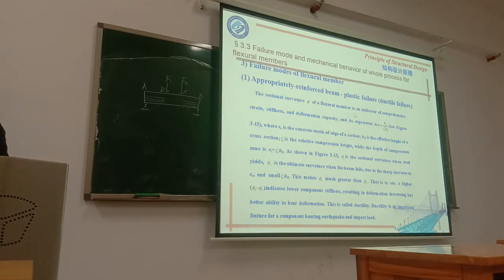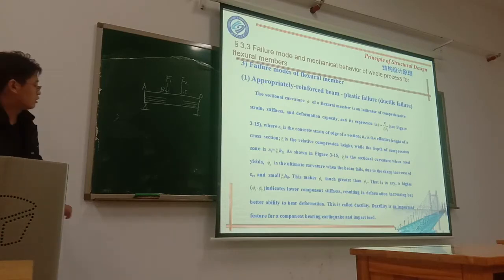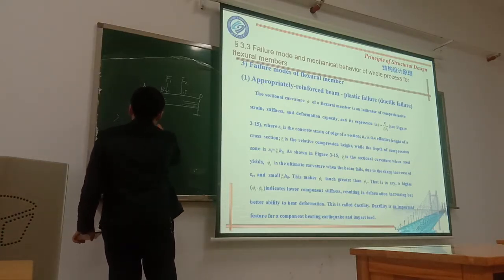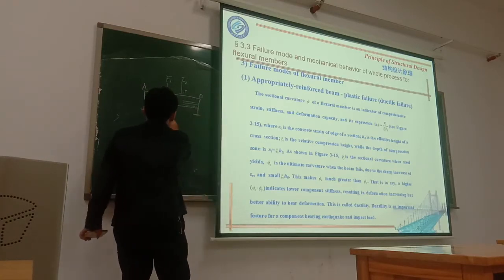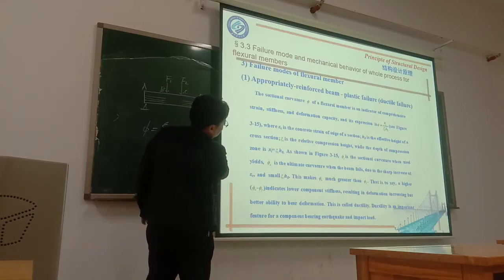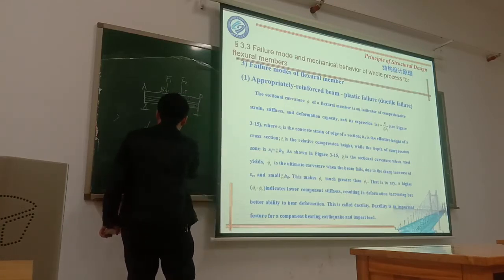Section curvature is an indicator of the comprehensive strength, stiffness, and deformation capacity. Its expression is phi equal to epsilon c divided by kc h0.